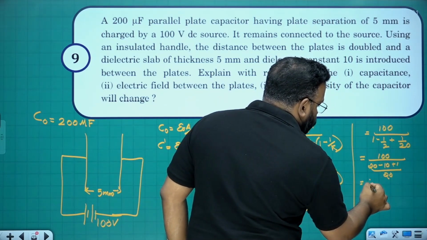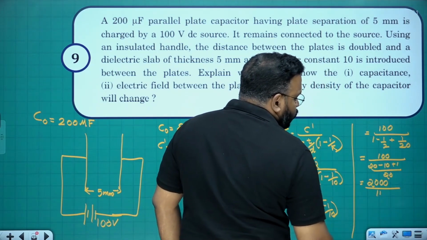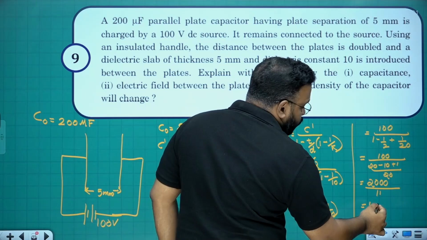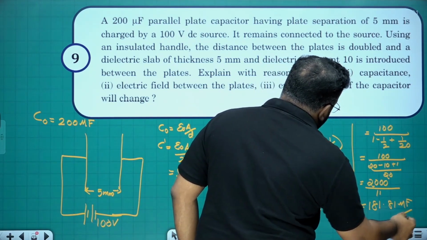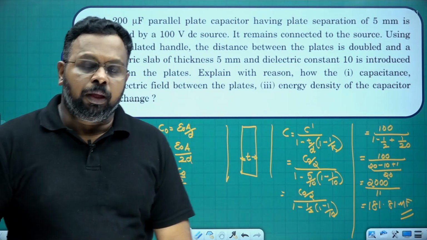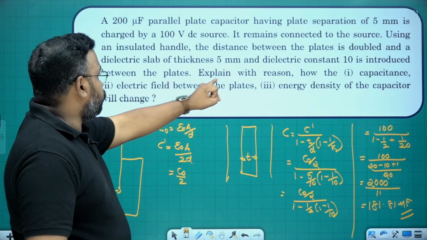This will go up, we get 2000 in the numerator divided by 11. Solving, you get approximately 181.81 microfarad as the answer for this question. Calculation part you can check. So this is the new capacitance, the answer for the first question.